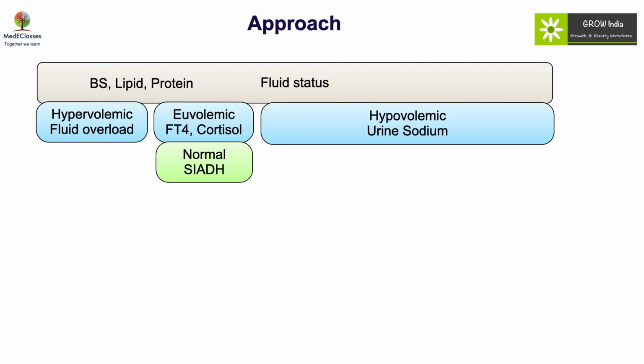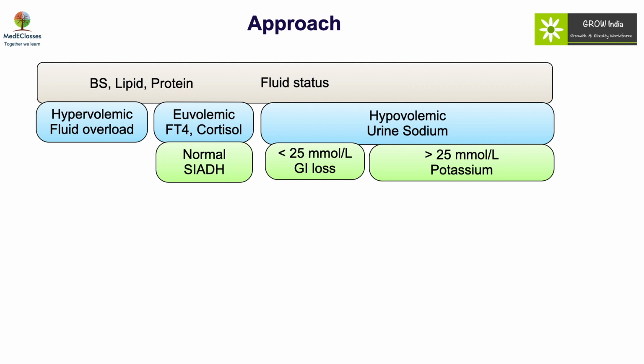If the individual is, however, hypovolemic, look at urinary sodium. If the urinary sodium is less than 25, so there is hyponatremia and there is an appropriate renal conservation of sodium, this is an extra renal loss, like a gastrointestinal loss. If the urinary sodium is more than 25, look at potassium. If potassium is low, it would indicate hyponatremia, hypokalemia, tubulopathy, or diuretic use.